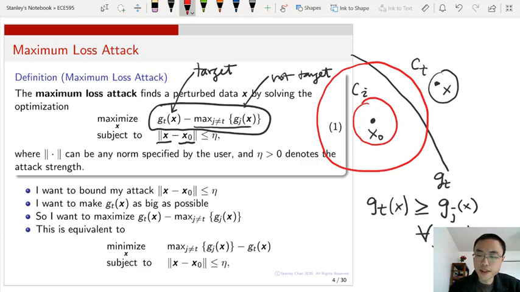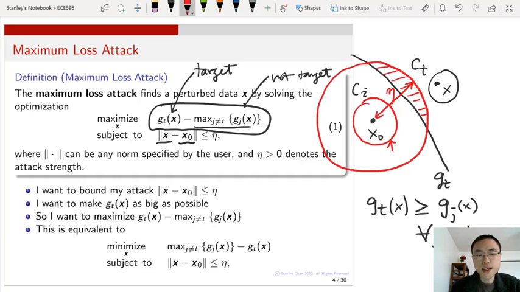For example, in this case, this is the radius of the ball, and suppose this is eta. And within the eta, you can see that there is a range of areas where it can be misclassified. Certainly, if your eta is too small, like in this case, then for whatever direction that you are picking, you will not be able to go into the wrong class.